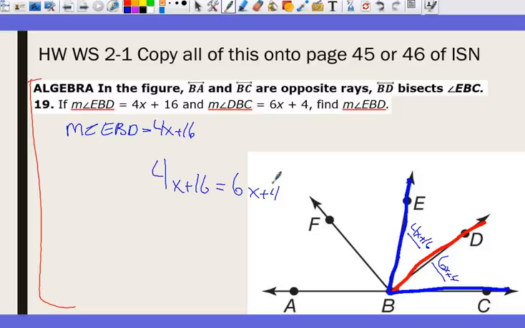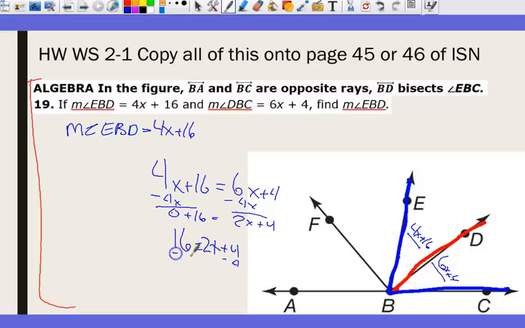We need to get the x's all to one side, so I'm going to subtract 4x from both sides. This is 0, so we have... Do I care about this 0 right here? So I'm going to get rid of that guy. 16 is equal to 2x plus 4.